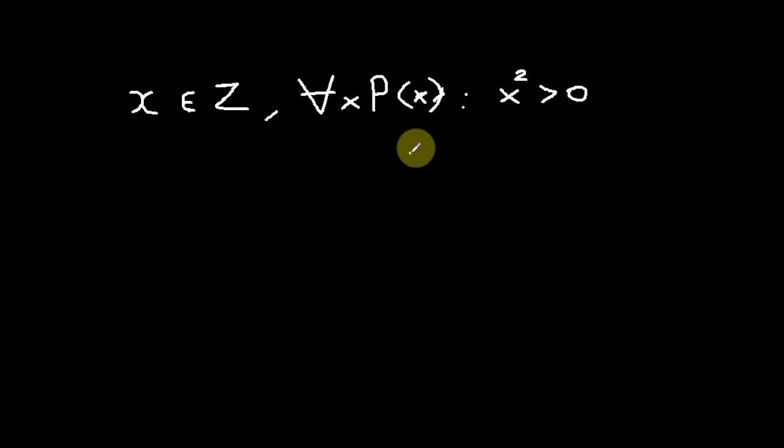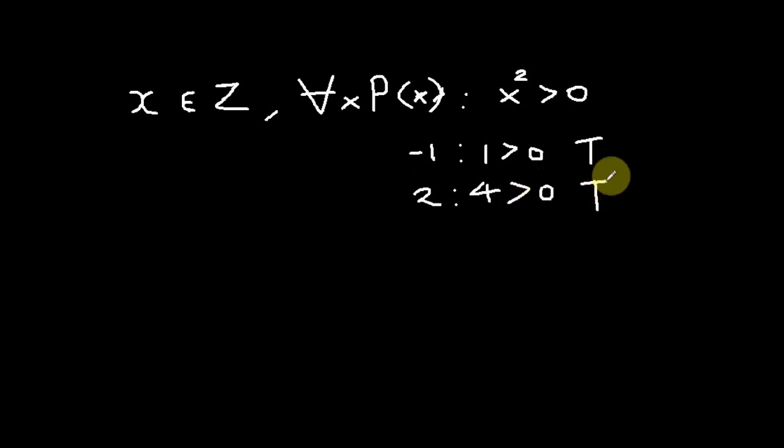So if we switch all numbers, for example if we switch negative numbers, what I'm going to get is 1 greater than 0, which is true. So if you take a positive number like 2, x value is 2, then I get 4, and it is greater than 0, which is also true.